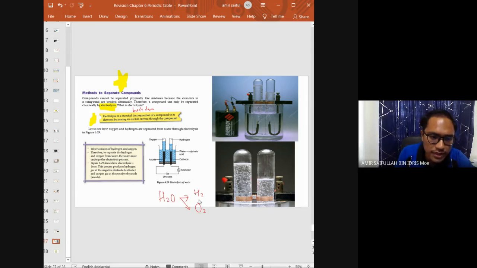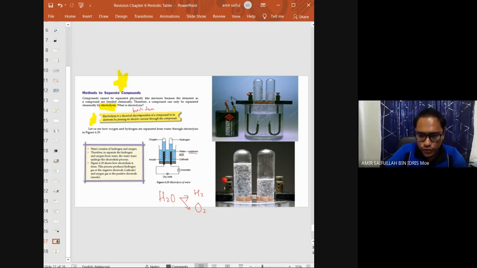Once they are accumulated, it means they are already separated. The water you need to add a bit of sulfuric acid to. Okay, so the question for you today: what is the function of sulfuric acid?